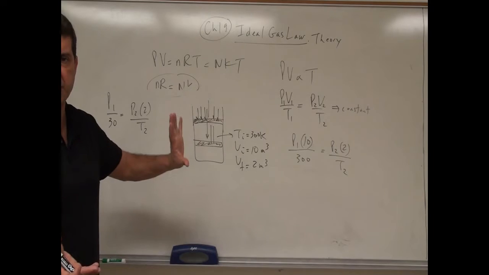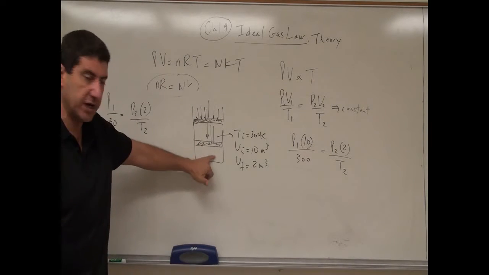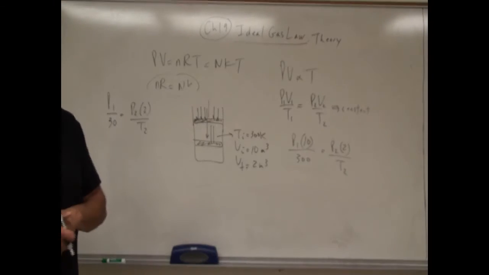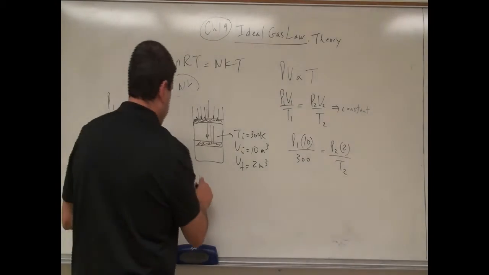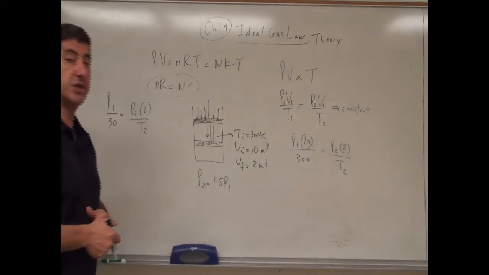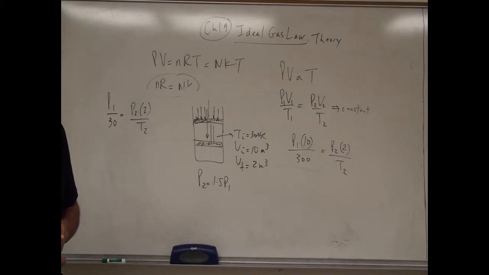So in the general situation, the pressure of the gas is probably going to increase, let's say 1.5 times, maybe 2 times, because the gas is forced to occupy a smaller volume. So let's just say the pressure of the gas increases 1.5 times. So P2 is equal to 1.5 P1, 1.5 times the initial pressure. Then we can find out what the final temperature of the gas is.